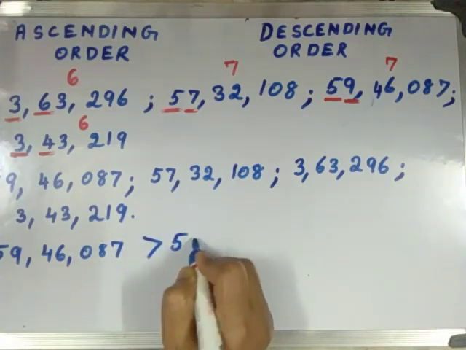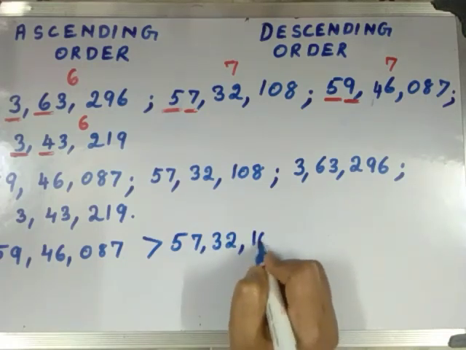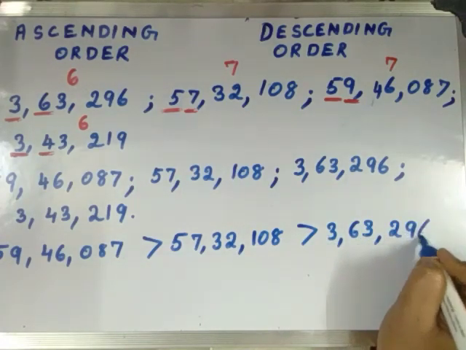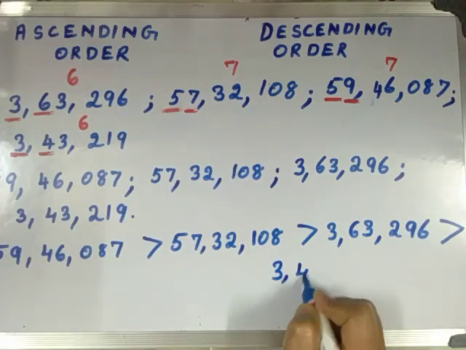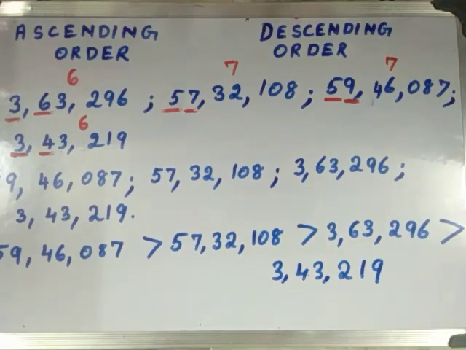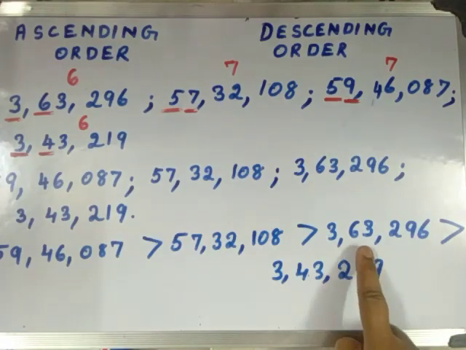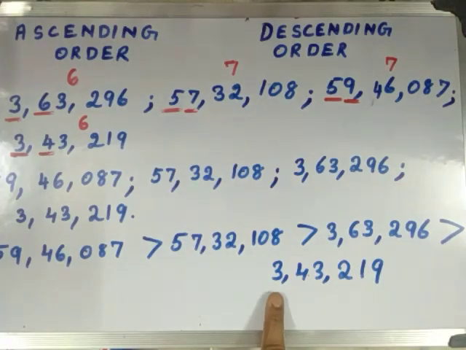59 lakh 46,087 is greater than 57 lakh 32,108. 57 lakh 32,108 is greater than 3 lakh 63,296. 3 lakh 63,296 is greater than 3 lakh 43,290.